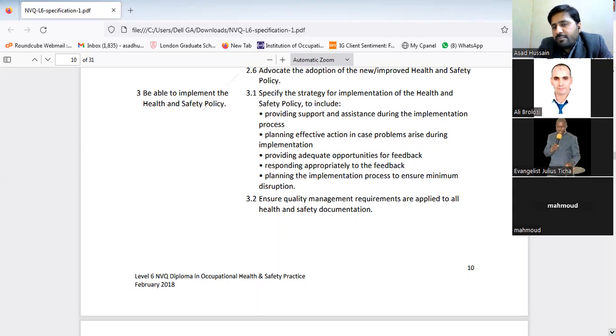For example, I'm just discussing a case study here. For implementation of the health and safety policy, the best thing, first of all, is that I will go for training sessions for different levels.